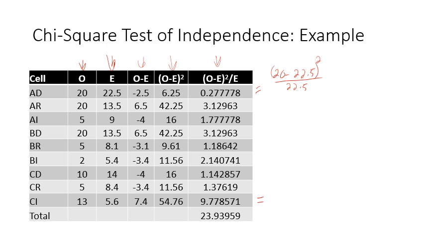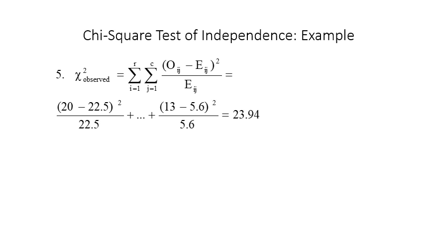This one down here is 13 minus 5.6, that value squared, divided by 5.6. And you do that for every cell. You sum them together, and you get your chi-square value down here. So when you sum them all, you get 23.94.